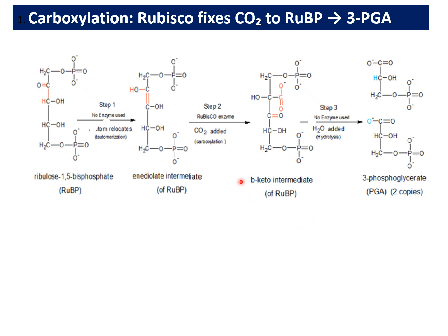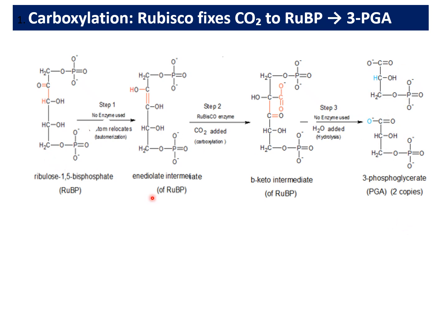Now this beta keto intermediate of RuBP undergoes hydrolysis yielding two molecules of 3-phosphoglycerate or 3-phosphoglyceric acid, which is 3-PGA. So you can see here it's a 6-carbon molecule. It splits into 3-carbon molecules, 2 copies of 3-PGA.